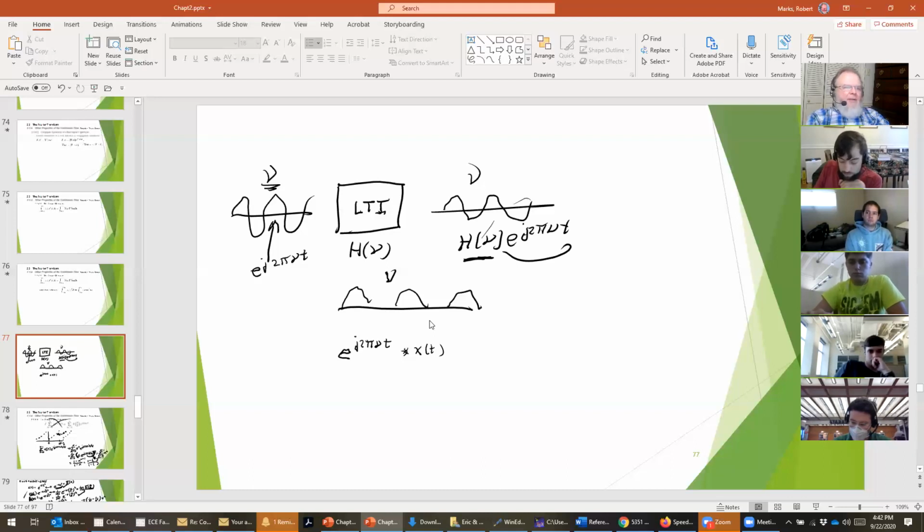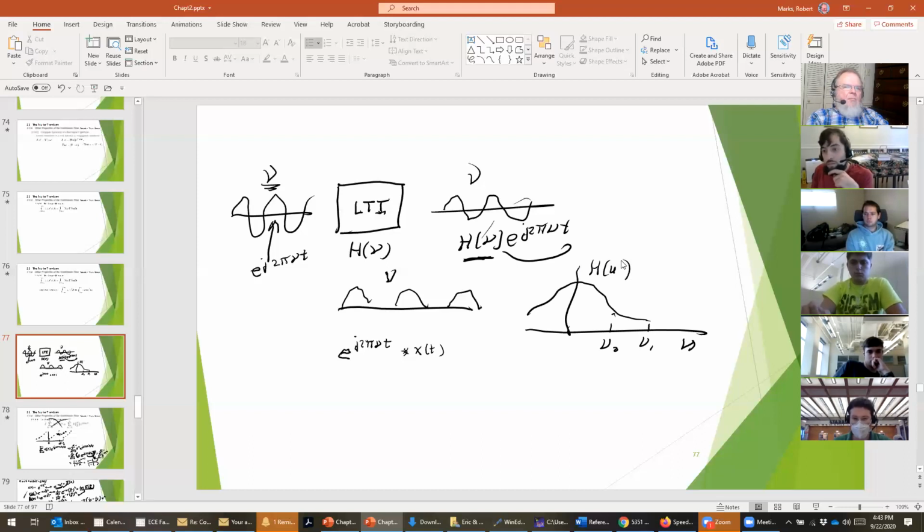If we were to plot out different values of nu, and we did it for all nus, we would literally carve out the frequency response h of nu. So we're getting the frequency response one point at a time.